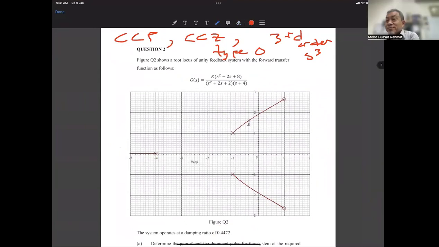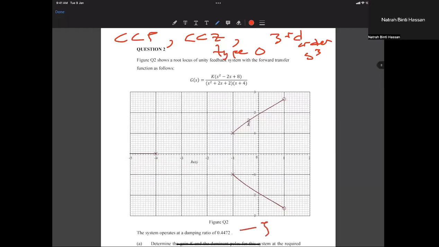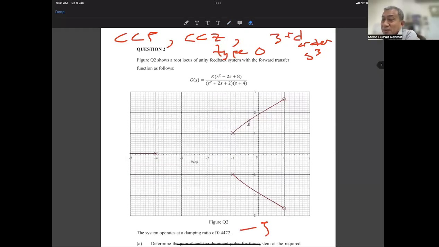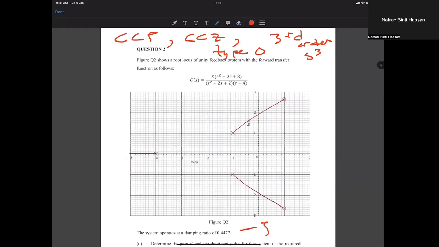Dominant pole from the zeta value given. I use a protractor. Find the degree first. Draw zeta lines and find the angle.